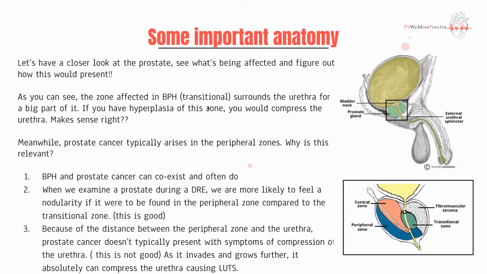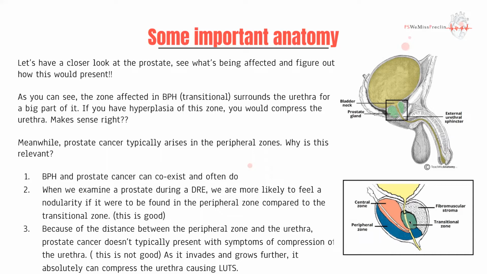I went through some of this anatomy before with BPH, but touching on a few important principles again. With BPH, you have hyperplasia of the transitional zone, versus with cancers, where you often have adenocarcinomas of the peripheral zone. Why is this difference relevant?